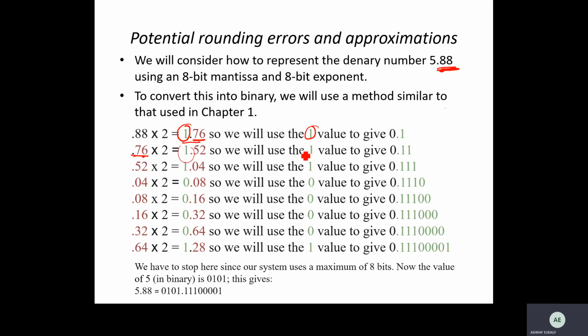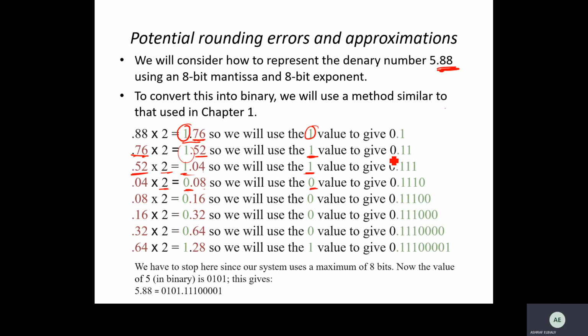This will give us again 1.52, and then 0.52 will be multiplied again by 2. This will give us 1.05. Also, we'll consider only the 1. And 0.05 will be multiplied by 2. This will give you 0.1, and the value should be considered as 0.